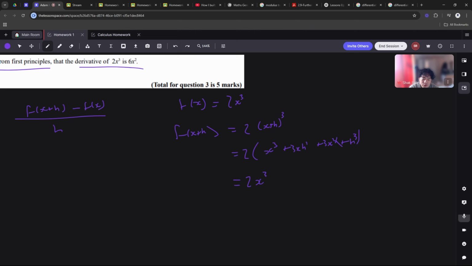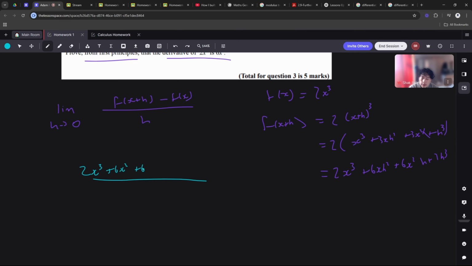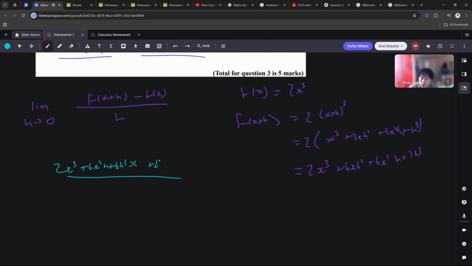Multiplying that by 2 gives us 2x cubed plus 6x squared h plus 6x h squared plus 2h cubed. And then from there, we just put this back into here. So this is 2x cubed plus 6x squared h plus 6h squared x plus 2h cubed, and then we have minus 2x cubed, over h.